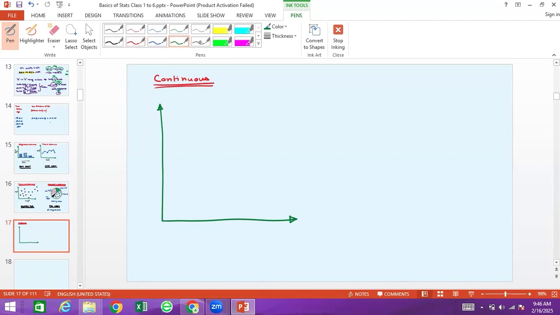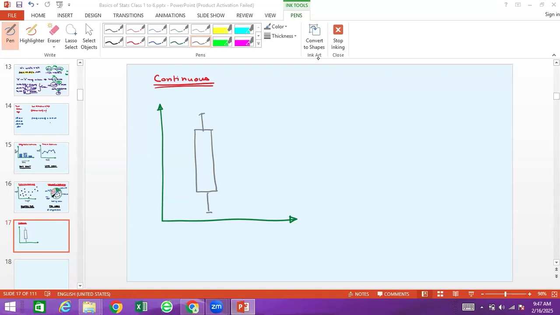It looks something like this. If anyone follows the stock market, you might have seen these kinds of candles also. Although it is not an example of a box plot, it is similar to that.